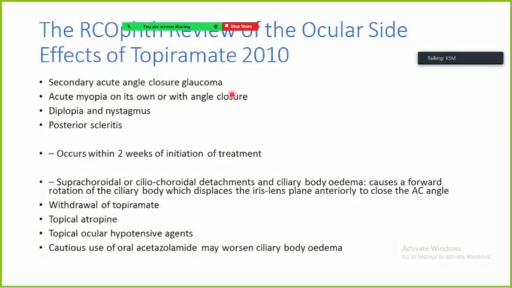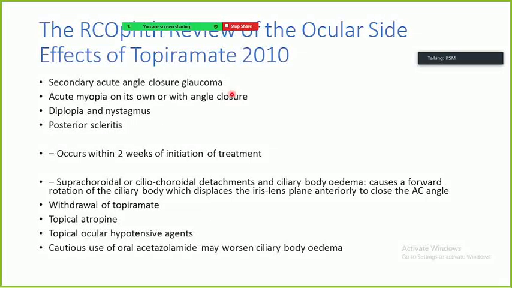Then again, looking back, we don't check the eye pressure in each and every patient. So I almost missed it, but luckily she was about to go, and I asked her to stop and check the eye pressure again. It was high, so it was a topiramate-secondary acute angle closure attack.